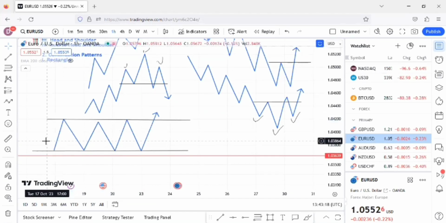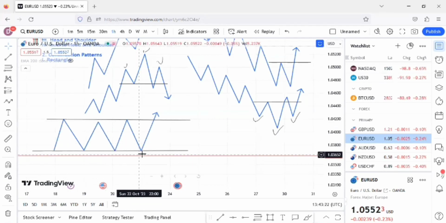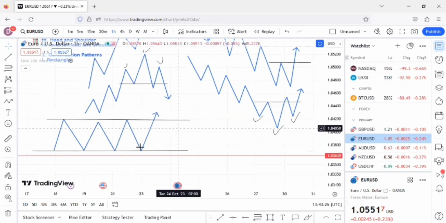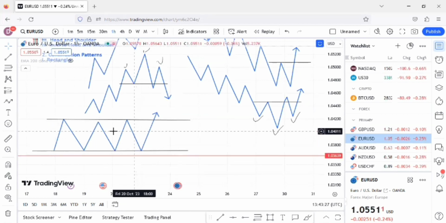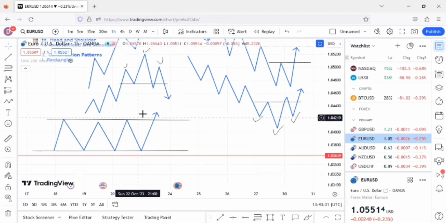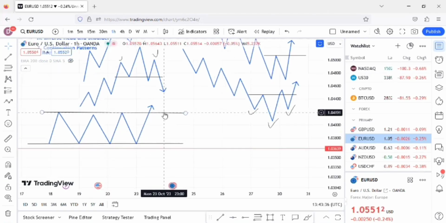So when the market is trending and all of a sudden it begins to consolidate, the price is trapped between two lines, that is, the market makers are yet to make a decision whether to go up or to go down. And this can actually break either way.